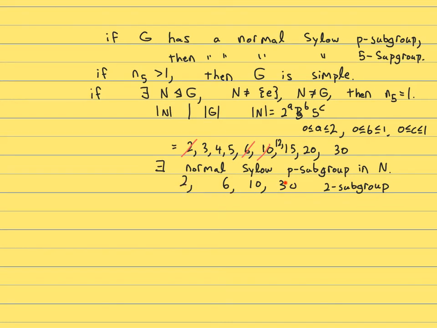In all other cases, you're guaranteed to have a normal Sylow P subgroup where P is of the same order as the Sylow P subgroup in G. So what happens when n has size 2 and it's normal? Well then, G mod n has size 30. And as we've already discussed before, that implies that it has a normal subgroup that's isomorphic to Z15.